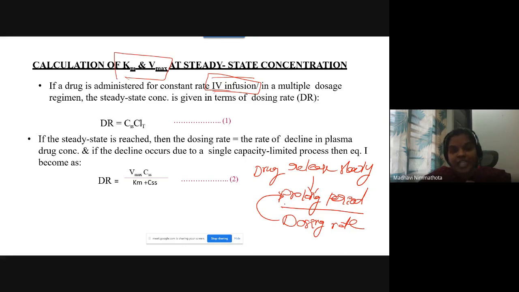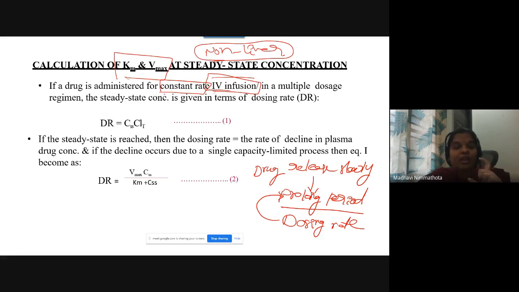Right? So in case of IV bolus, your drug will be released rapidly. So in that situation, you cannot exactly calculate the dosing rate. In case of IV infusion, the drug will be transported at a constant rate. So here the drug will follow non-linear kinetics only. Just remember that. So here we are talking about non-linear kinetics, right?